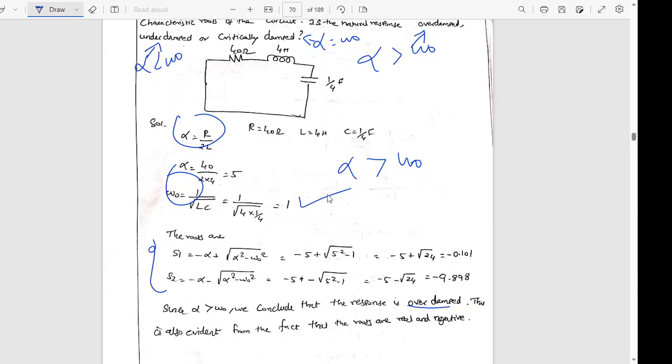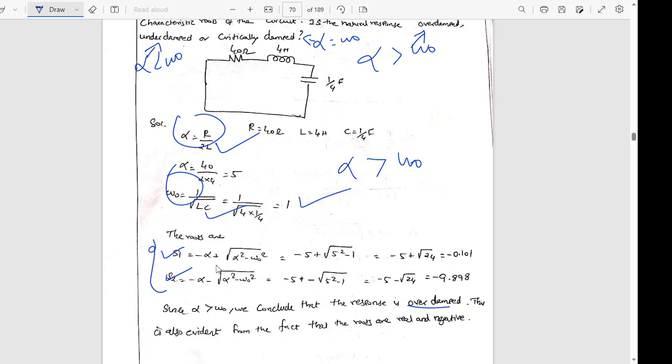We need to know the formulas for alpha, omega naught, S1 and S2, and the three cases: alpha less than, greater than, and equal to omega naught. I'll put the link of lecture 1 in the video description, so go through it.